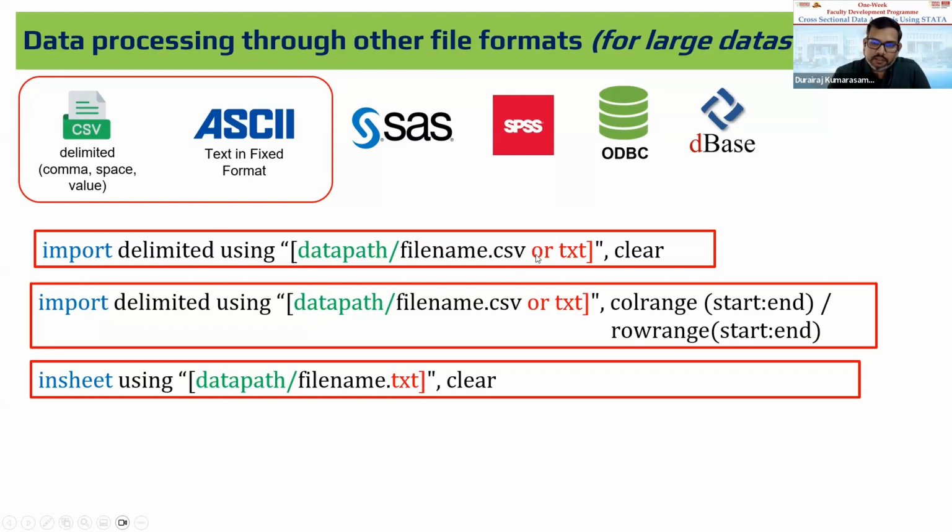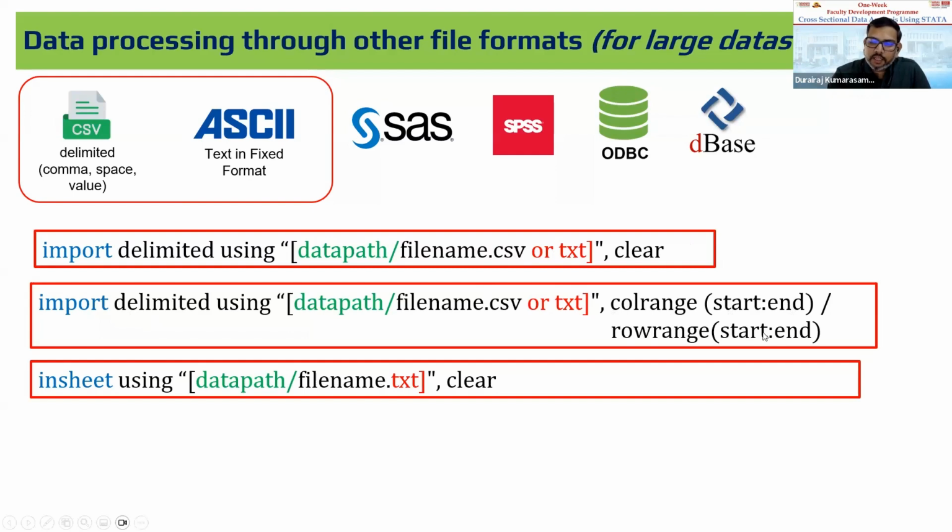So .txt, clear. Here, an advantage in this file as well is that you can also call a particular column range or a particular row range by giving the command after the option. So comma, col range, start and end, the starting column and the ending column, then row range as well.